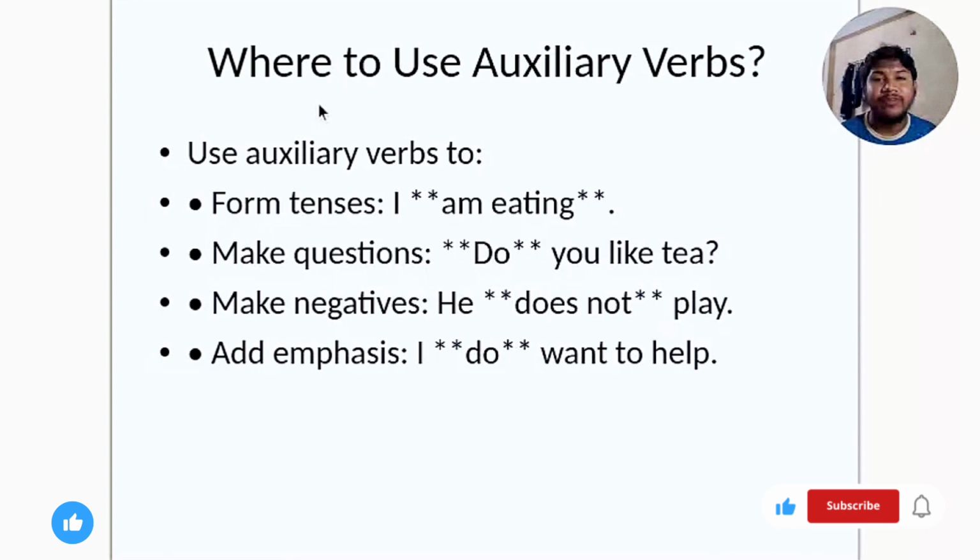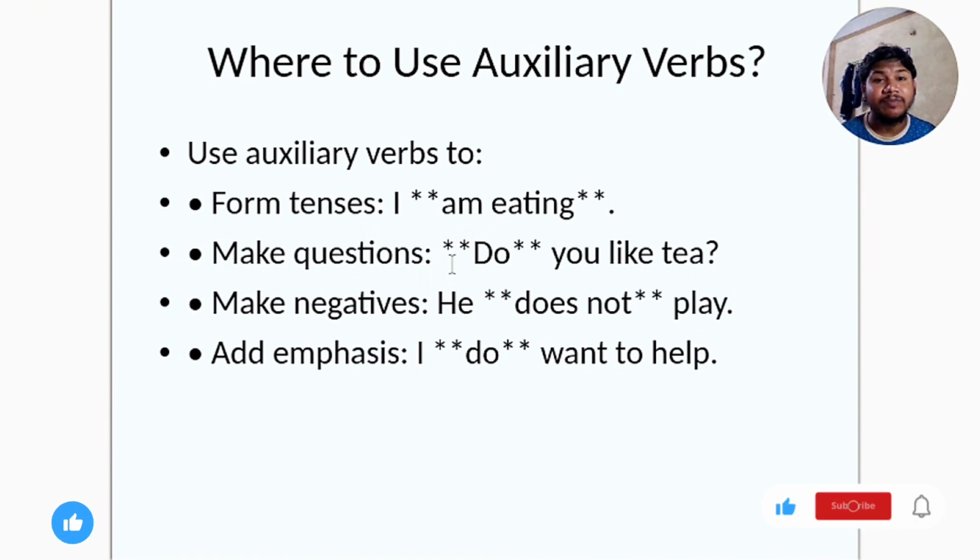And the next question is where to use auxiliary verbs. There are several places where we need to use them. Here are examples from tenses. To make a tense form, we must use an auxiliary verb. For example, I am eating. This is an example of present continuous tense.